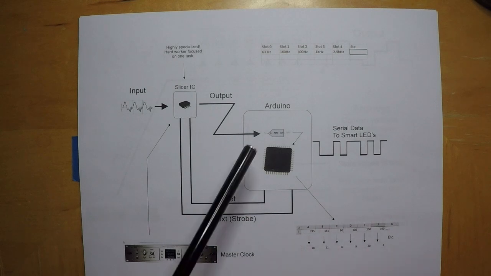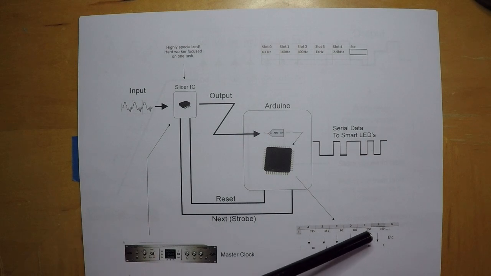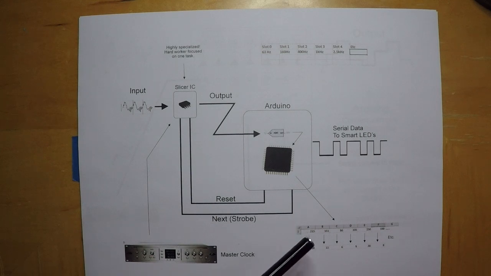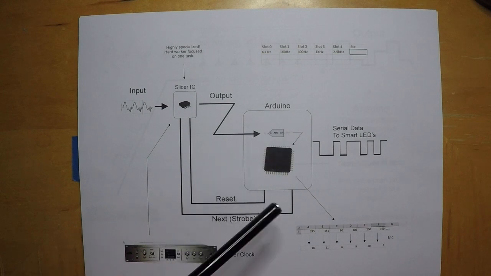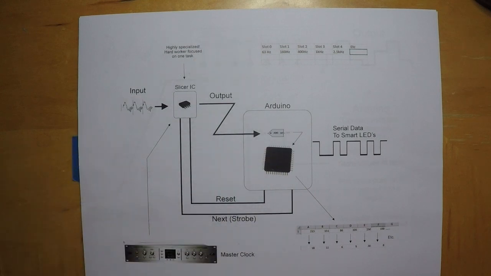Right after it finishes with its iteration, it will take those numbers and map them to a column on the spectrum analyzer. All right? But here's the thing. Inside the software that was written for the Arduino, we define how many LEDs are in each column.